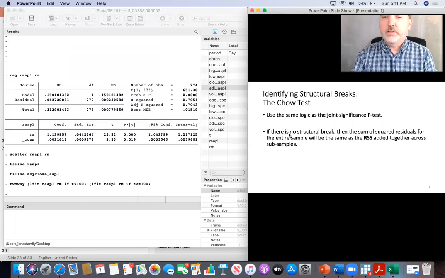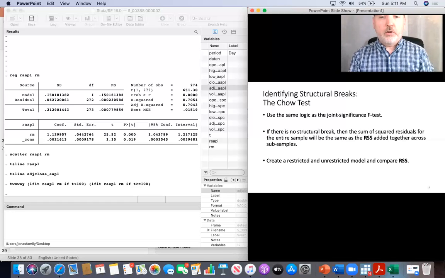Right, so the logic is, if there is no structural break, if it doesn't really matter if you're before observation 100 or after, well then, the sum of squared residuals, the RSS of the model, the performance of the model, is not going to change whether or not we allow there to be a break or not, right? Because if we allow the flexibility, well, then the best fit isn't going to change, so the errors aren't going to be changing much.